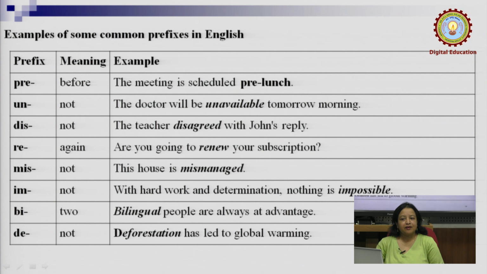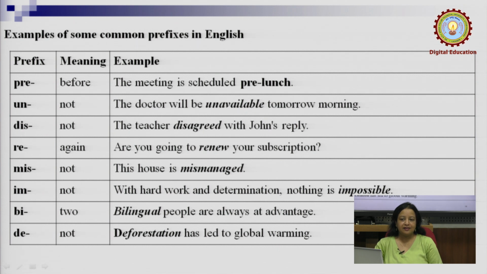Here are some of the common prefixes in English. Pre: the meeting is scheduled pre-lunch. Un: the doctor will be unavailable tomorrow morning. Dis, which means not: the teacher disagreed with John's reply.